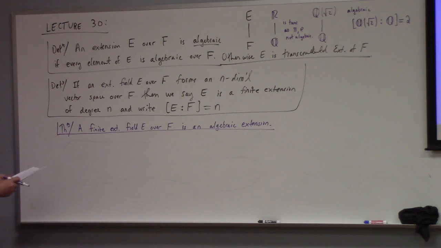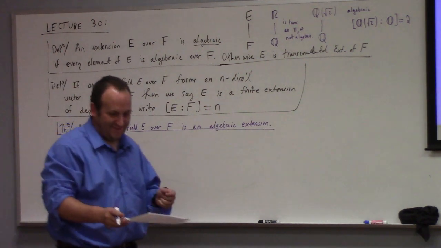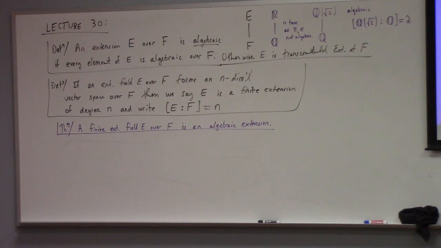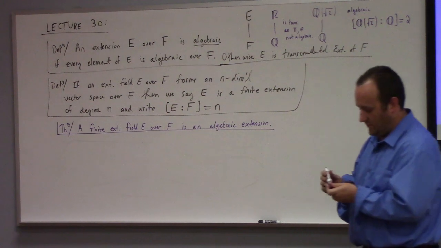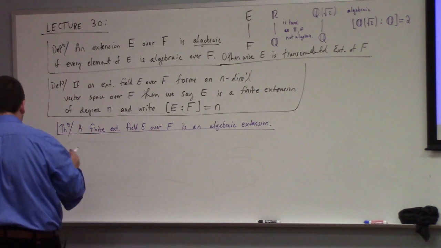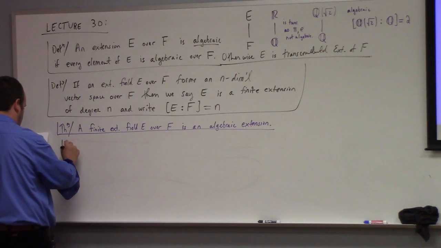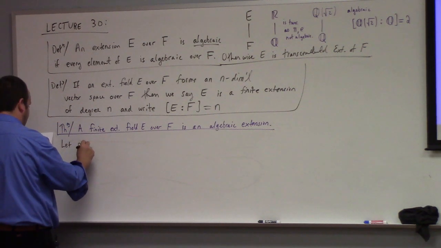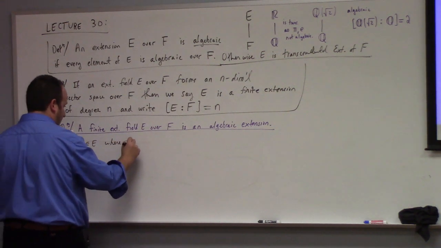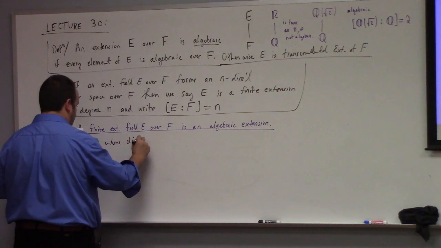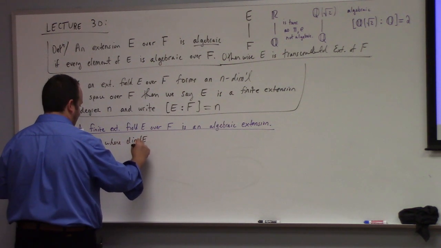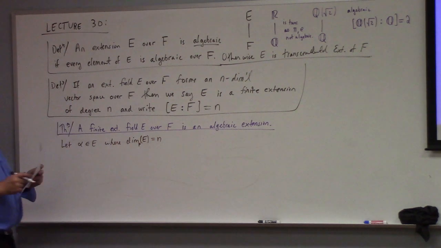Let's see if we can understand it. All right. So I say let alpha be an element of E, where the dimension of E over F is equal to n.